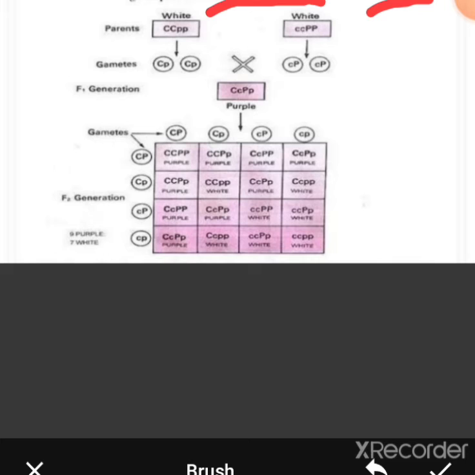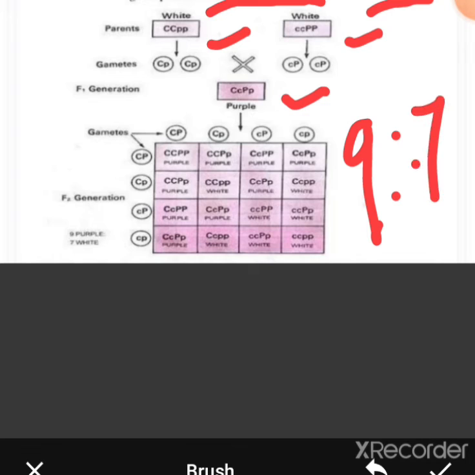Here both parents are white, and they give rise to purple in the F1 generation. Then when you are selfing, we are getting the ratio 9:7. That means 9 purple pigment and 7 white pigment.